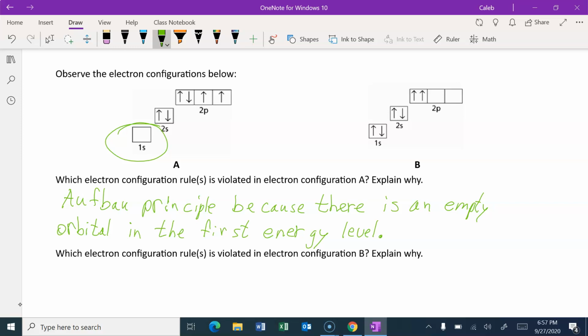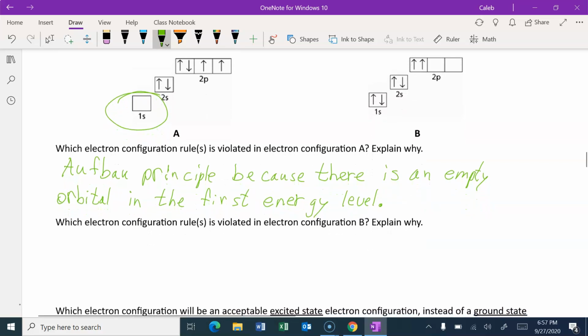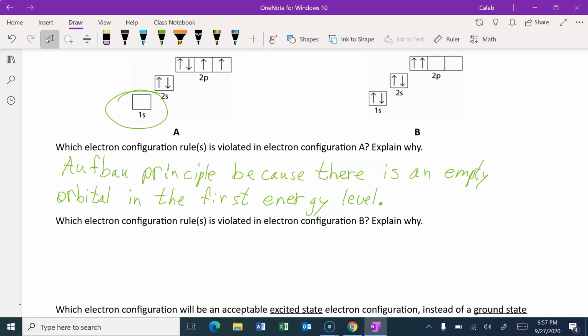Same thing. Alright, and then down here, which electron configuration rule is being violated by B? So what's not being followed by B? Well, I hope you can recognize the problem with this. If not, pause the video, take a look at it for a minute and see if you can figure it out. This is our problem. Those two electrons are facing the same way. We can't have two electrons in the exact same orbital that are facing the same way.